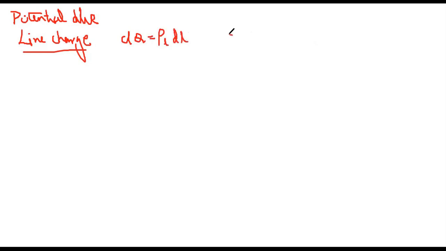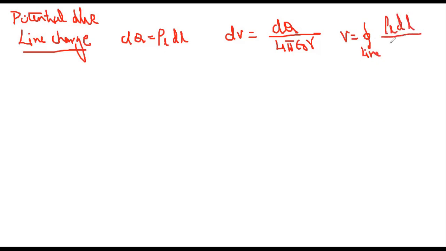Actually, the point charge differential potential is dV is equal to dQ by 4 pi epsilon naught R. Now, for the line charge, substitute dQ as rho L into dl. Therefore, the potential V is equal to the line integral of rho L dl by 4 pi epsilon naught R volts.